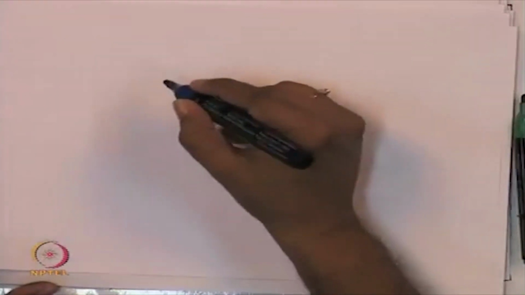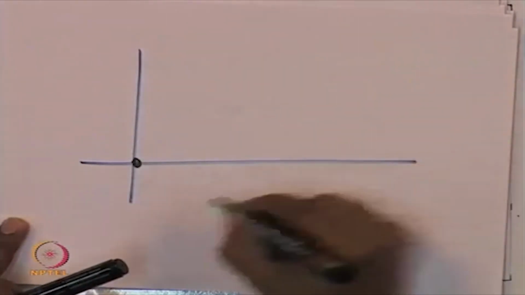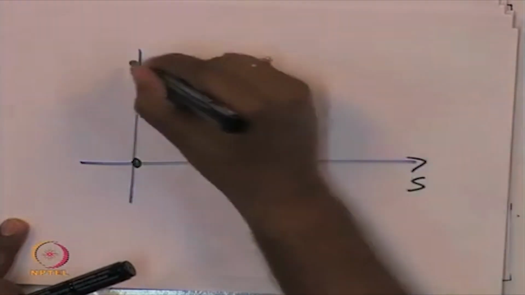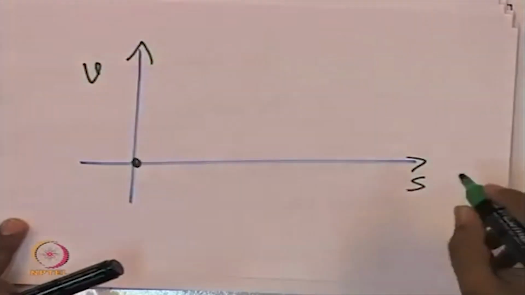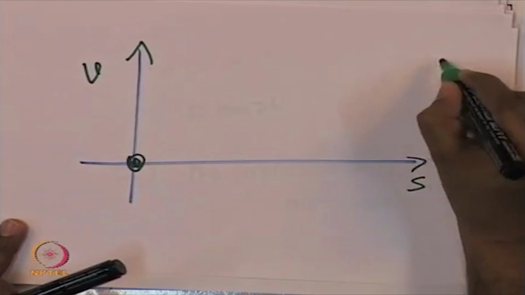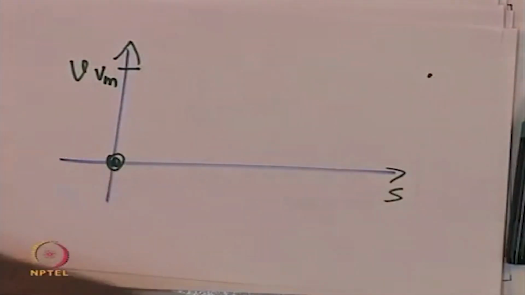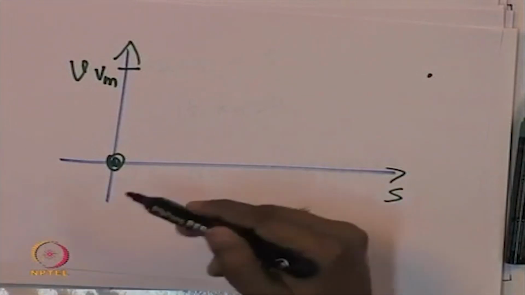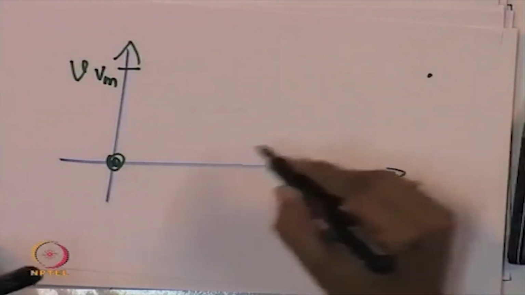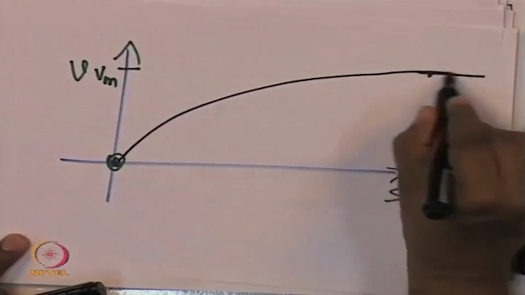So, we had this function which had value 0 at small values of s, and for large values of s we got Vm, and the curve is a smooth curve between these two things, just going up and then saturating like this.